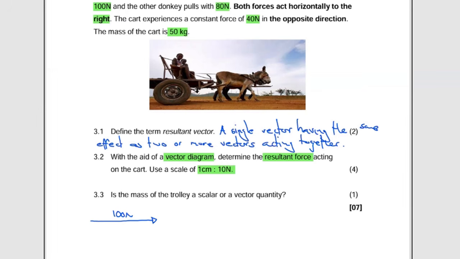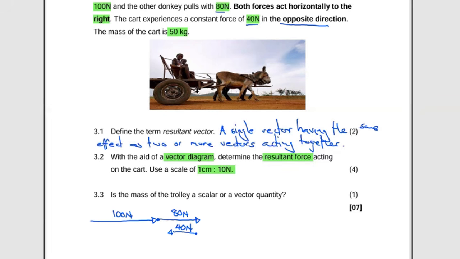Another one is pulling at 80 newtons, also to the right, so I'm going to have a value of 80 newtons there. Then I'm also told that the cart experiences a constant force of 40 newtons in the opposite direction. So this one is heading backwards, so I'm going to have 40 newtons.